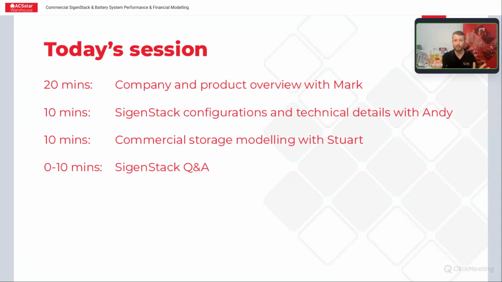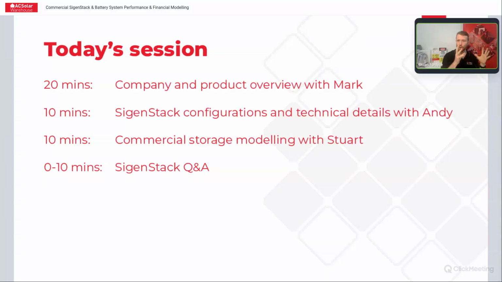Afterwards, I'm really excited to announce that we will be launching a new engineering service here at AC Solar Warehouse for our customers, and that is a commercial storage modeling software solution. That's something we get asked a lot about from our customers in this commercial energy storage space.